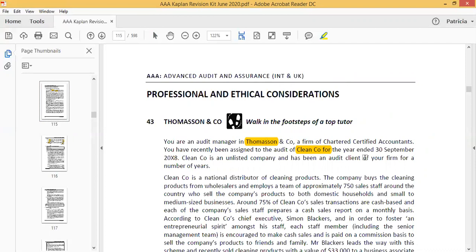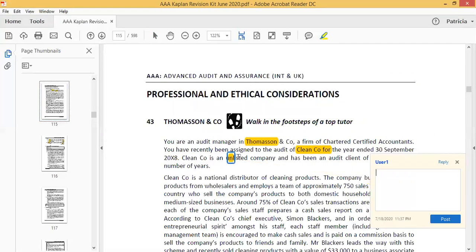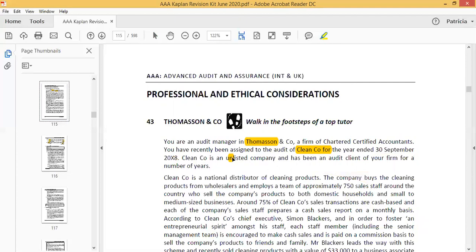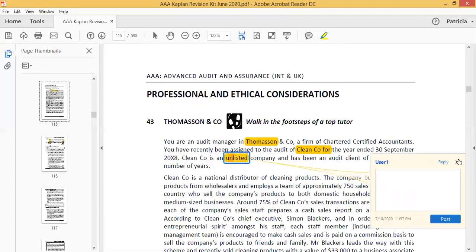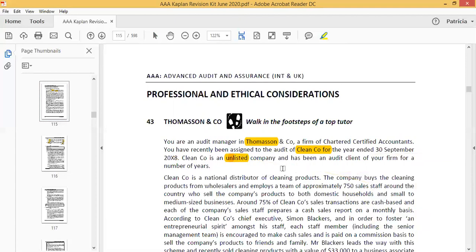Clean Co is an unlisted company and has been an audit client for a number of years.